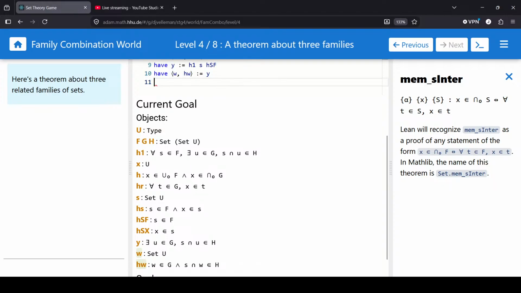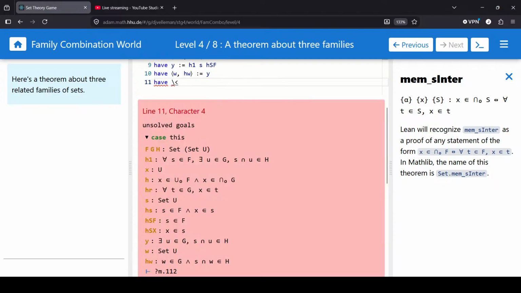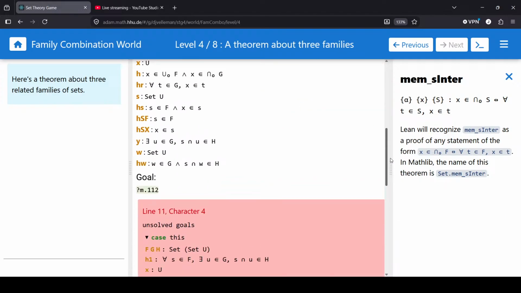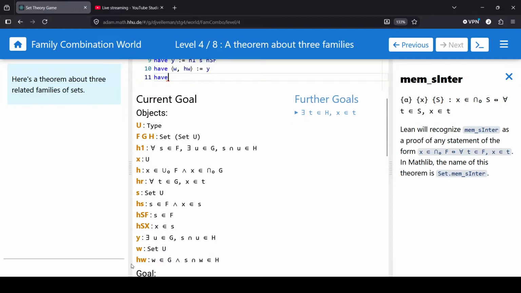So I need to have again. Sorry, which side was it? Oh, probably the right side, right? So U.